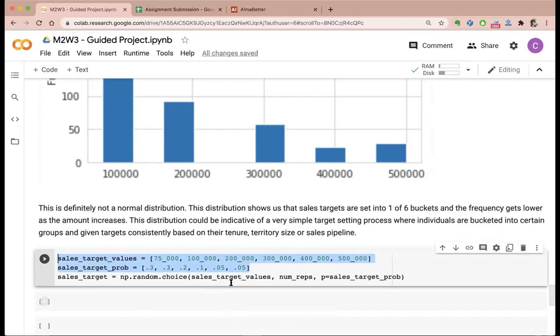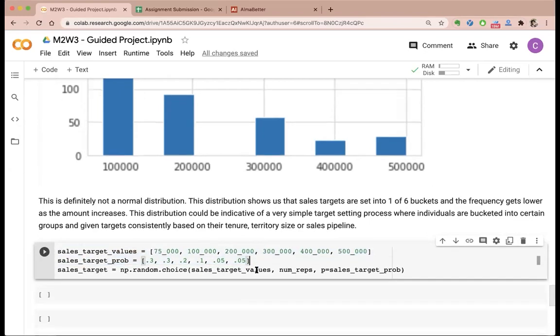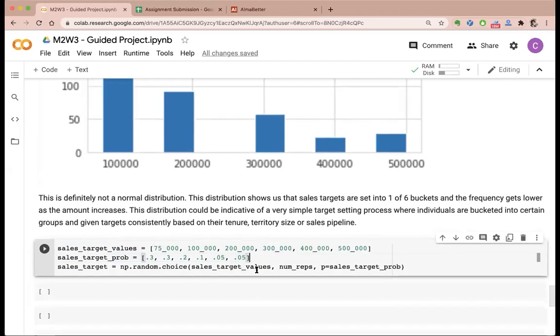Okay, so you remember the tables, the dice tables, right? So we assign the probability that the value x will take a value of 75k. So what is that probability? 0.3, right? So this is x, this is p of x equal to x.